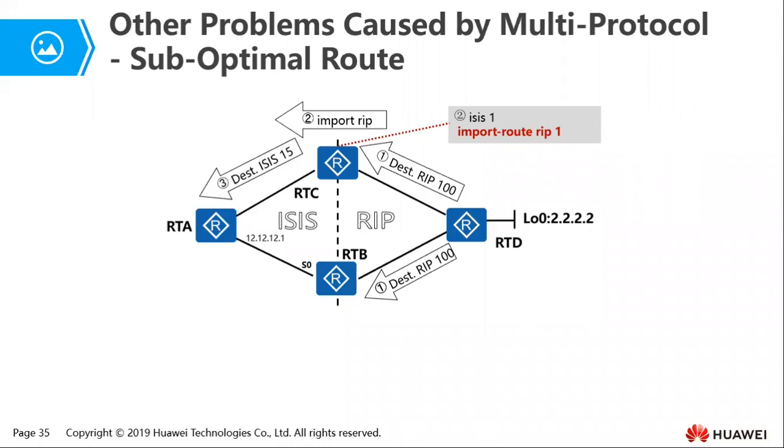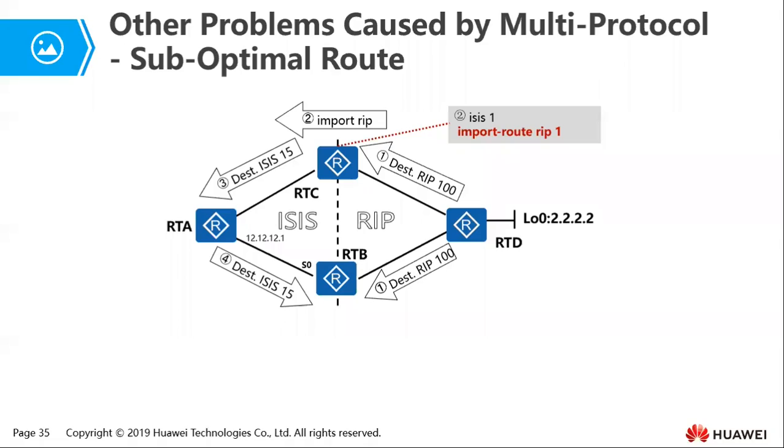So the lower the preference value, the better. The default preference value for RIP is 100. For ISIS, it's actually 15. So RTA will also advertise the same route to RTB using ISIS.